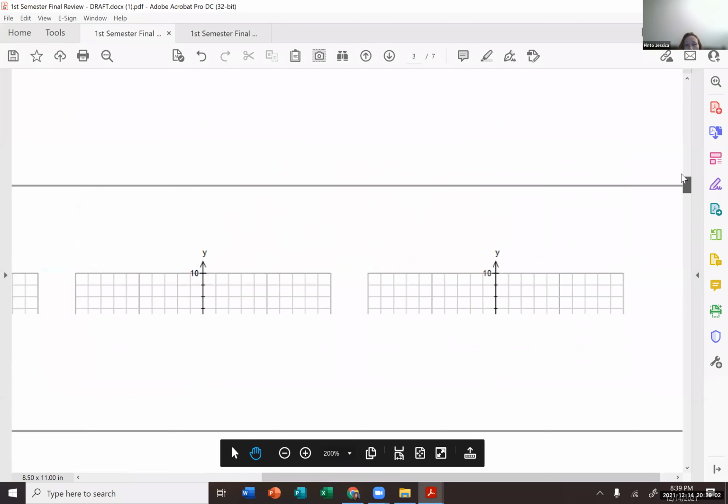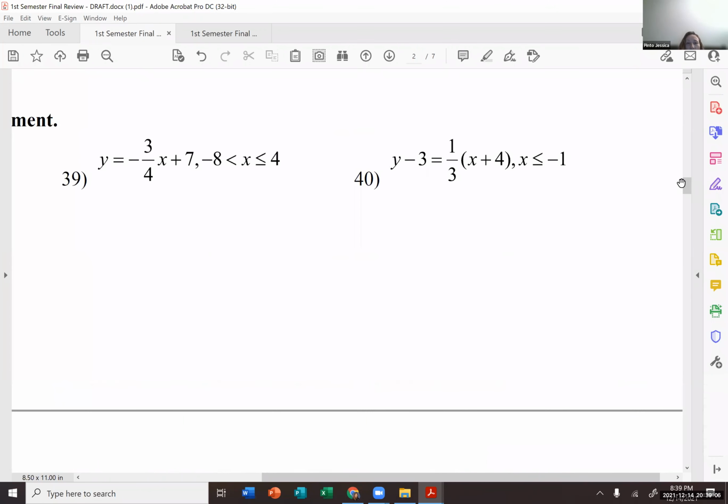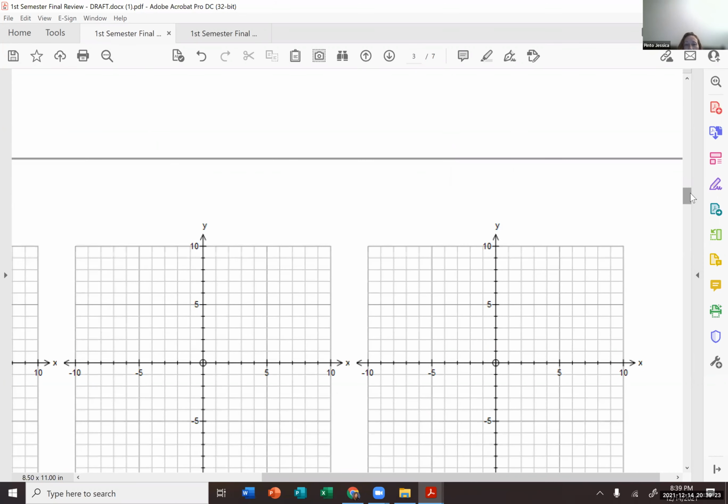Looking at the equation, I see that it's something kind of weird. It's 1/3 x + 4, and then I've got the y - 3. That's kind of funky. So right away, I see that this is x is less than or equal to -1. On my graph, I go to -1 for x, which is here, and then I'm going to draw the closed circle and then the arrow pointing in that direction.